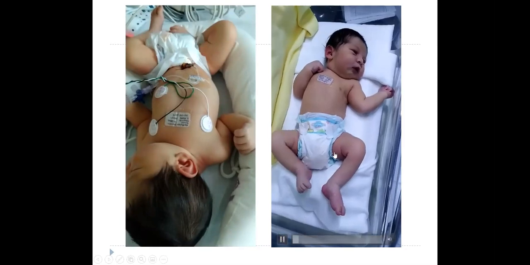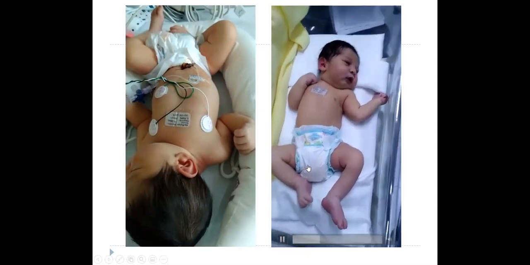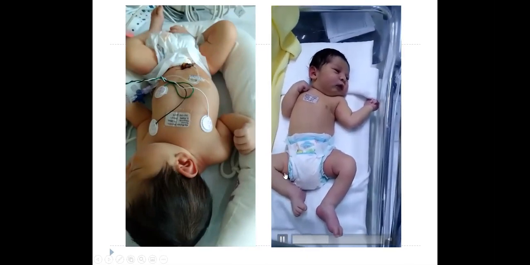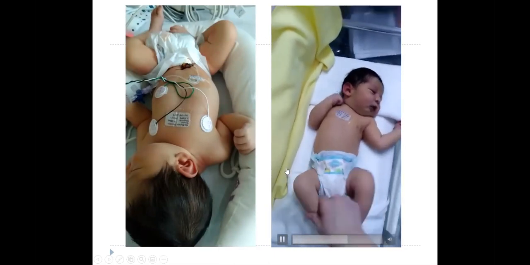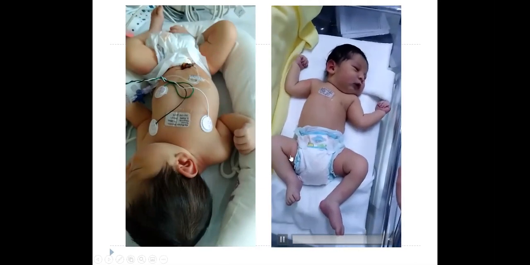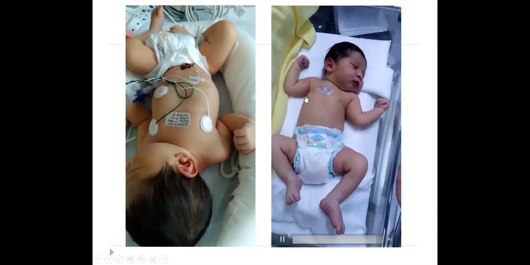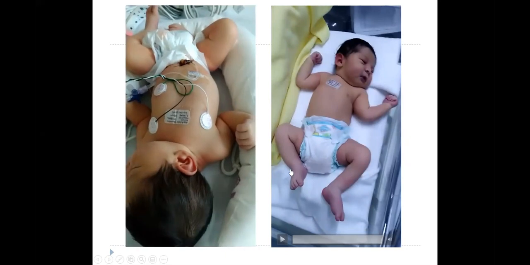And this is at another moment, the baby with the same movements. Clonic focal seizures are very important because they have a direct relationship with perinatal stroke in around 50 to 60% of the cases of perinatal stroke.